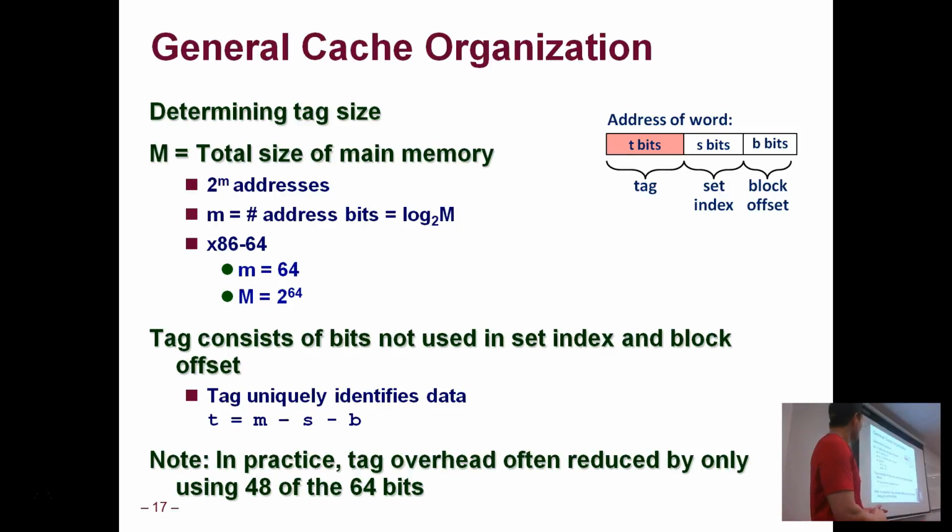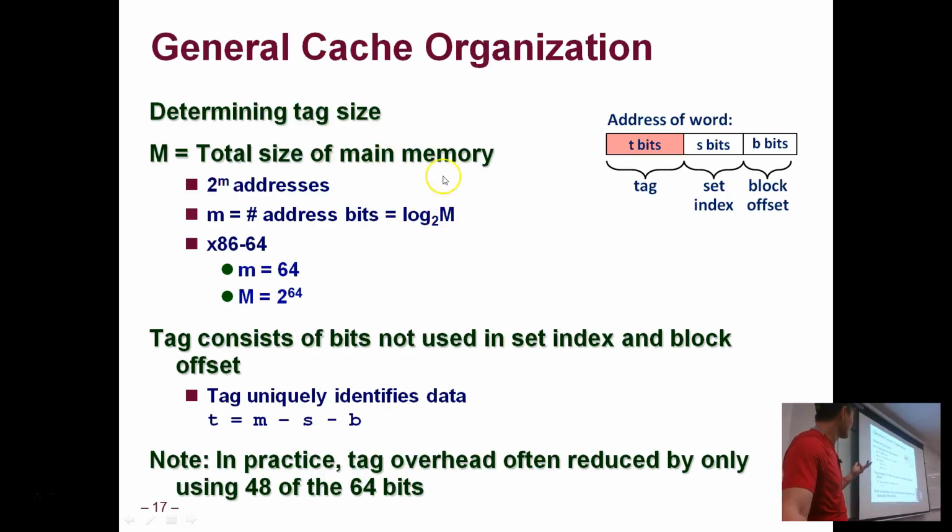Okay. So in order to determine the size of your tag, we have to be given the number of bytes in main memory, and so the length of the address of our word is basically the log base 2 of the total size of main memory.